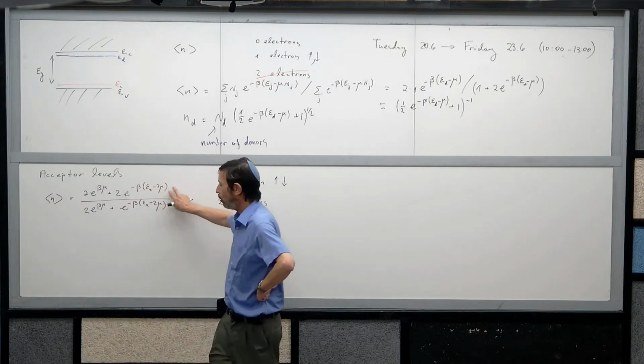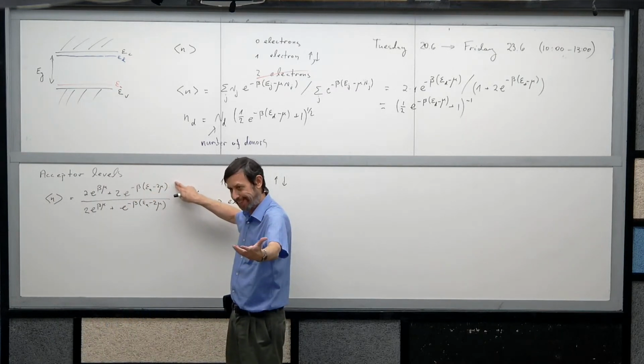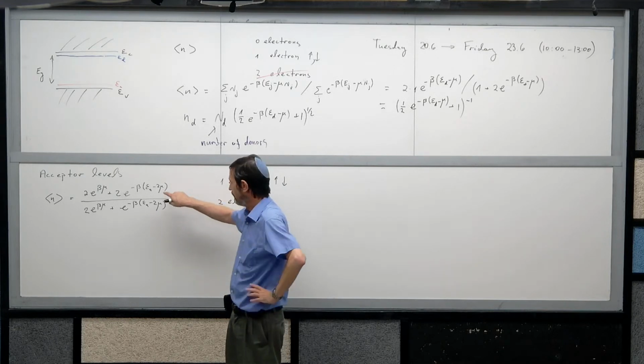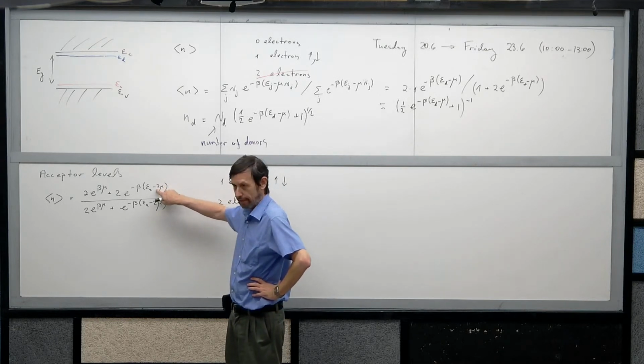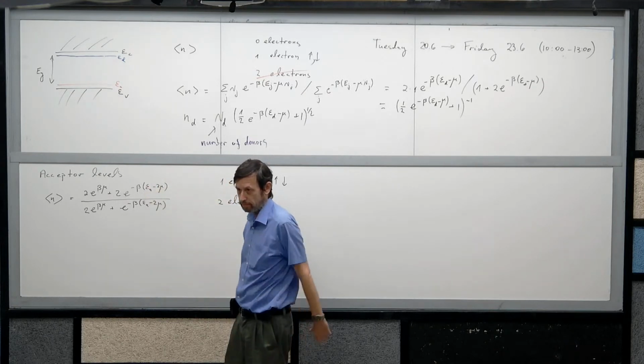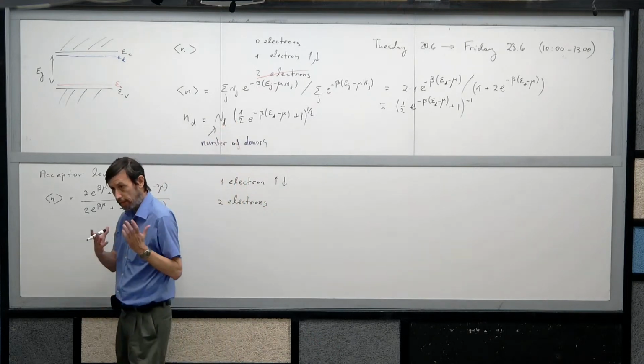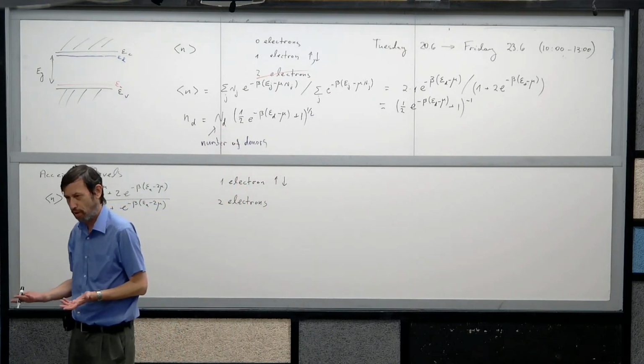If I put in 2 electrons, it already costs energy above what I want. And here it's n equal 2 and EA. So the same games that we did before. In a moment we'll translate it into holes.